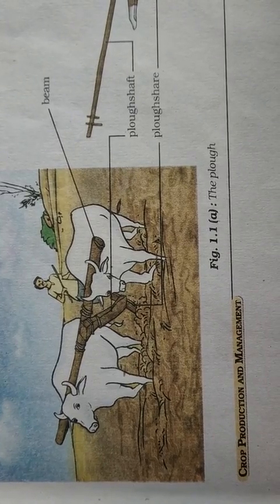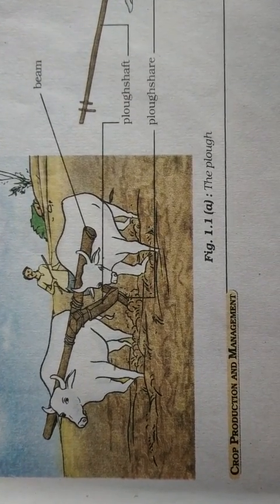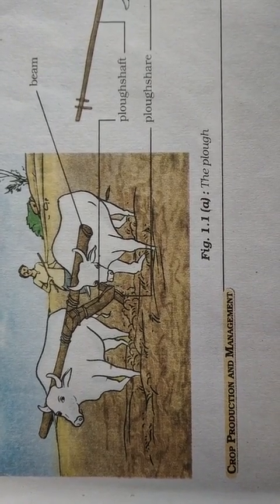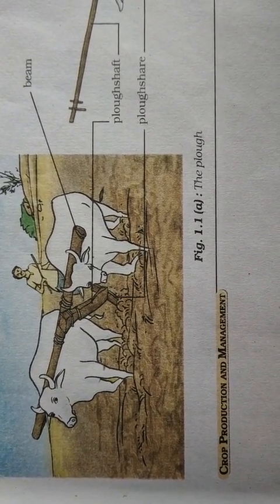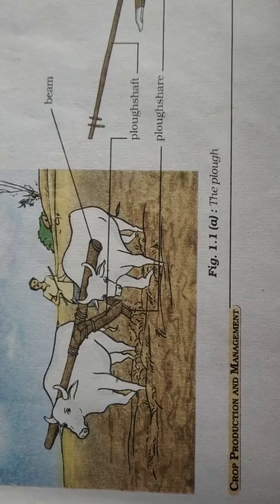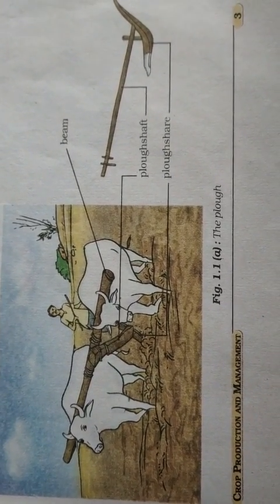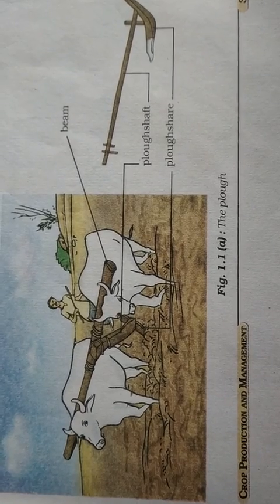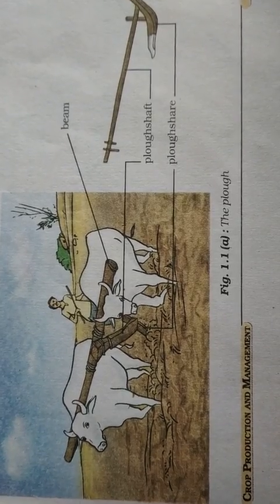The main tools used for breaking the soil into the size of the grains are the plow, hoe and cultivator. Plow, hoe and cultivator are the agricultural implements, which are the tools used for the purpose of breaking the soil.